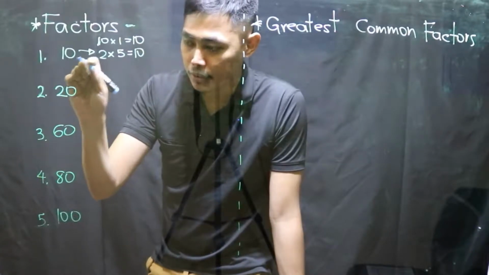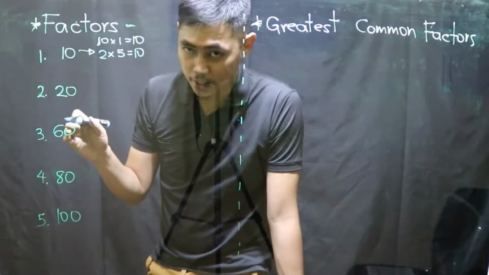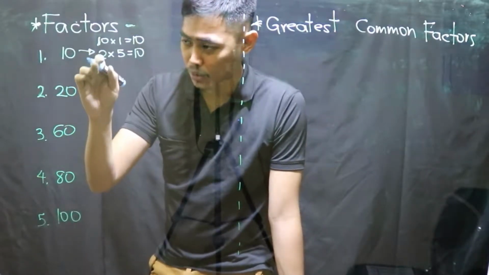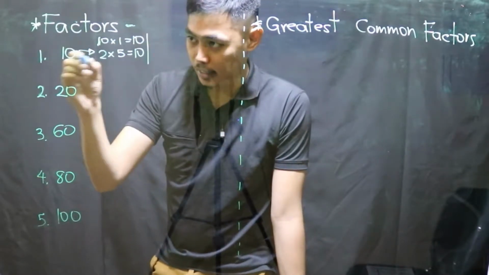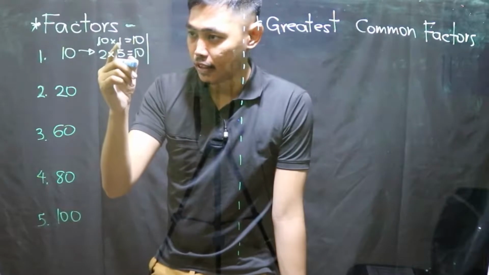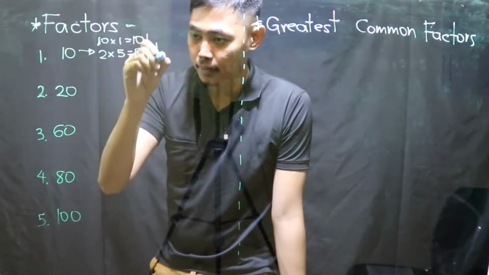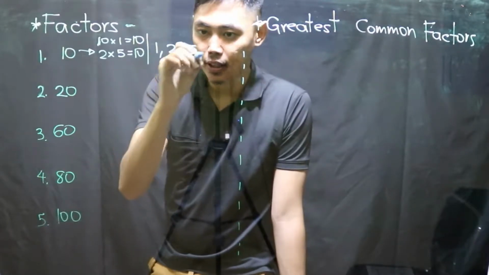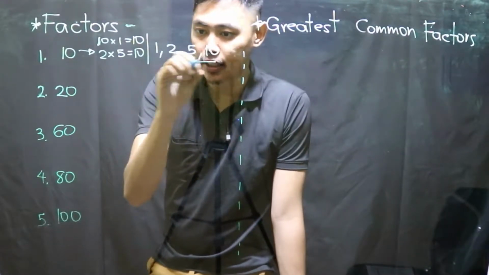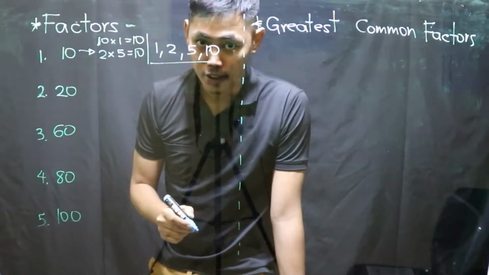Can you give me another factor of 10? I think there's none, right? So we can say here that the factors of 10 are the following: 1, 2, 5, and 10.